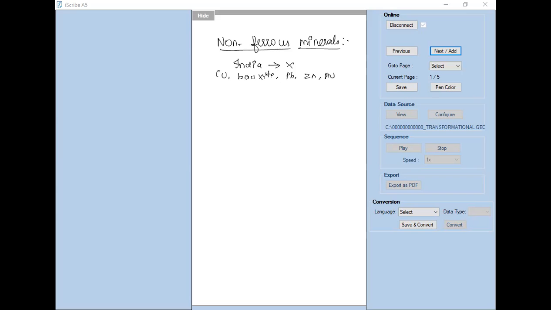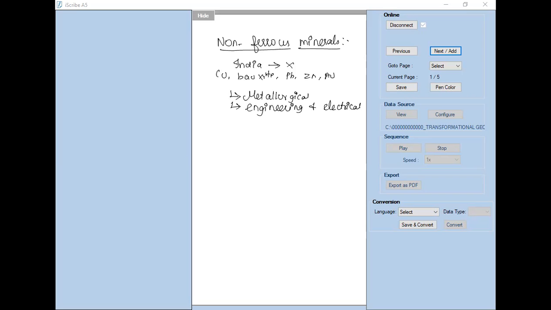They play a vital role in various industries: the metallurgical industry, and the engineering and electrical industries.